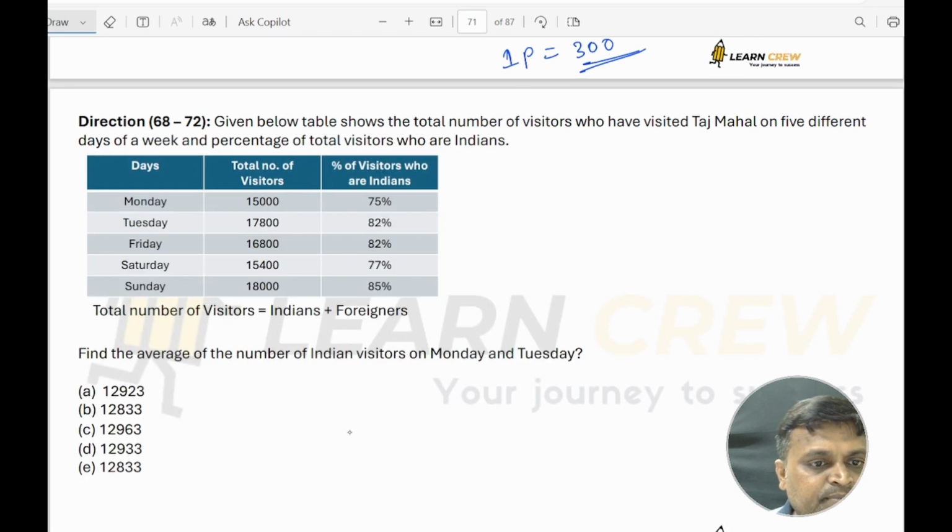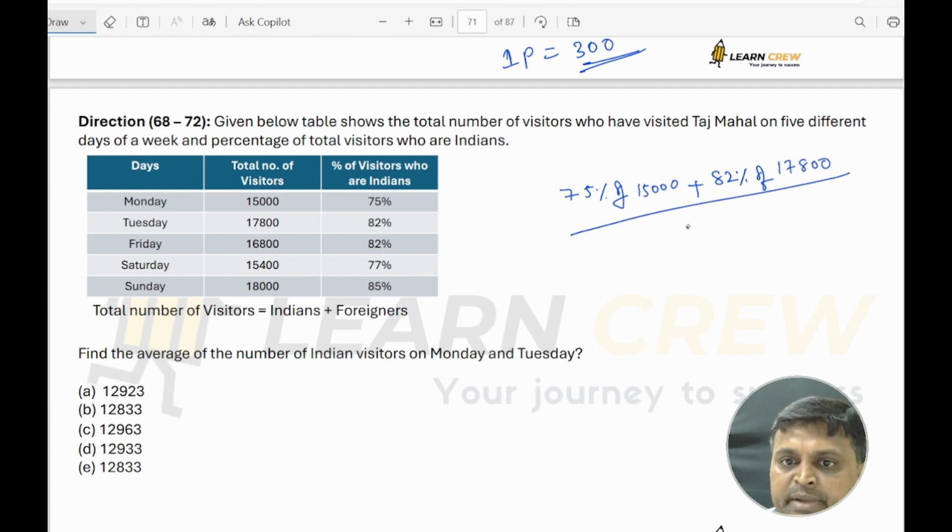Now please see here. Find the average of the number of Indian visitors on Monday and Tuesday. Monday it is 75% of 15,000 plus Tuesday it is 82% of 17,800, divided by 2.